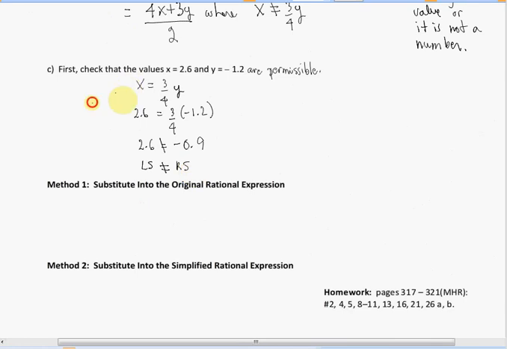That's okay, because recall that when x is equal to 3 over 4y, the values for x and y are non-permissible.